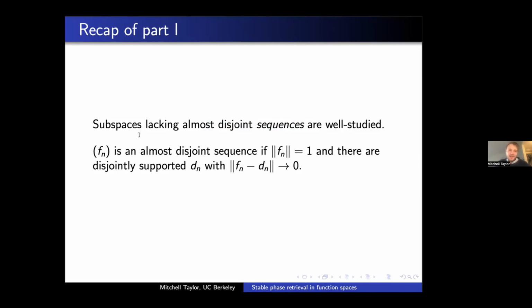So I'll say a sequence Fn is an almost disjoint sequence if, first of all, it's normalized, and I can find disjointly supported functions Dn, where Fn minus Dn converges to 0, meaning that Fn asymptotically behaves like this disjoint sequence. Okay.